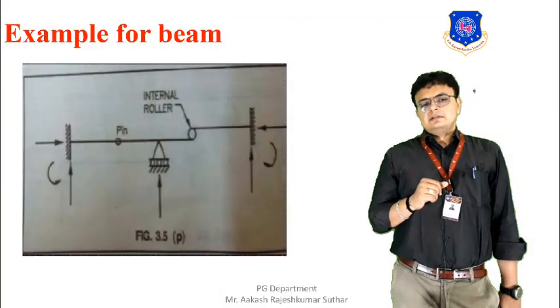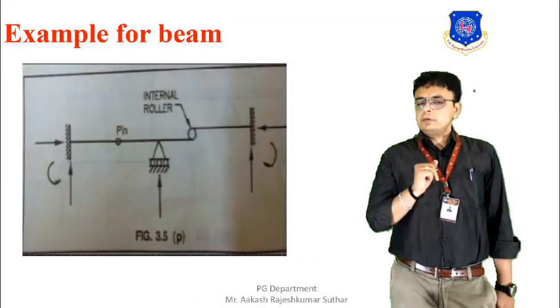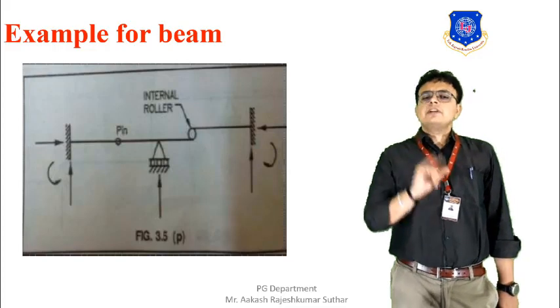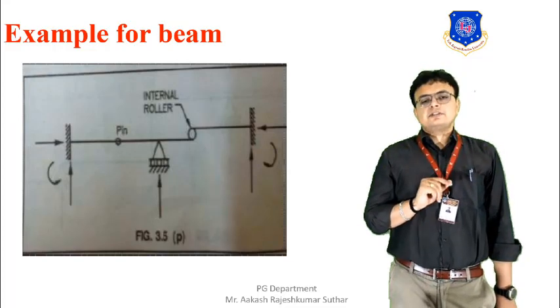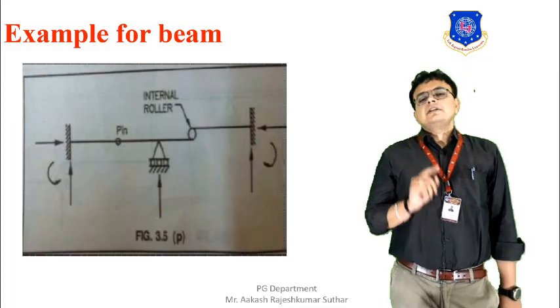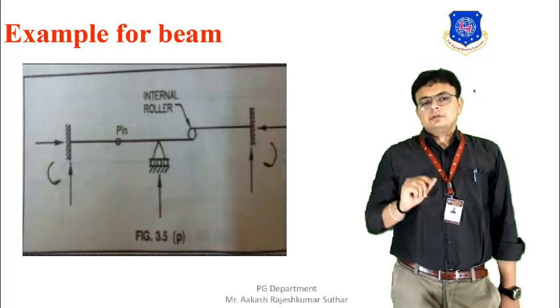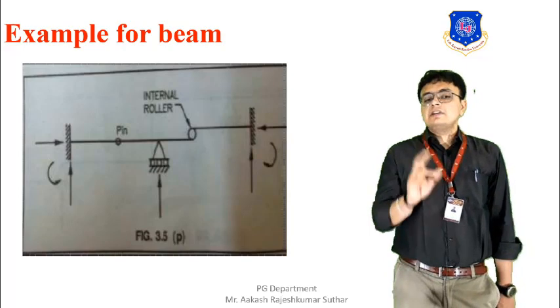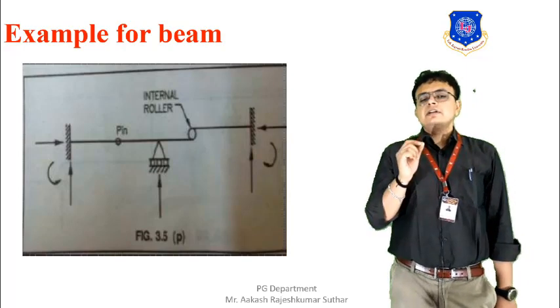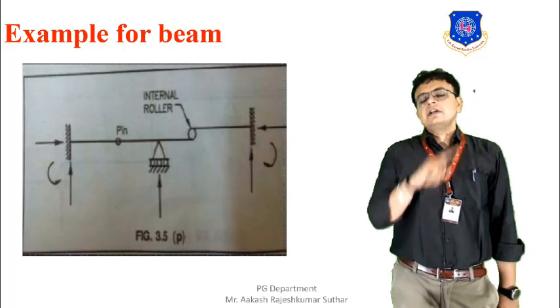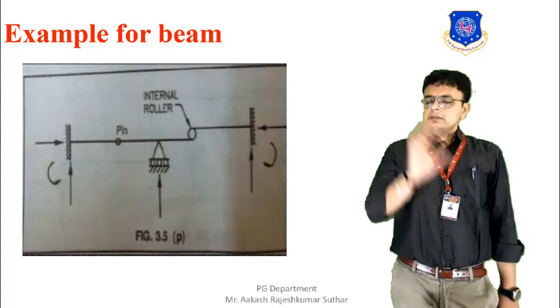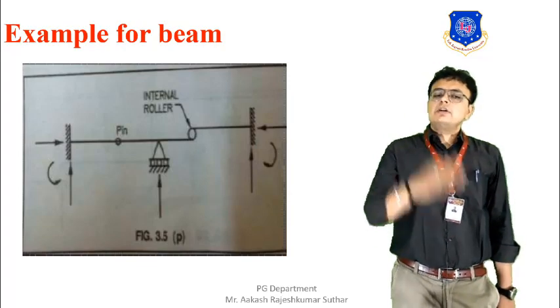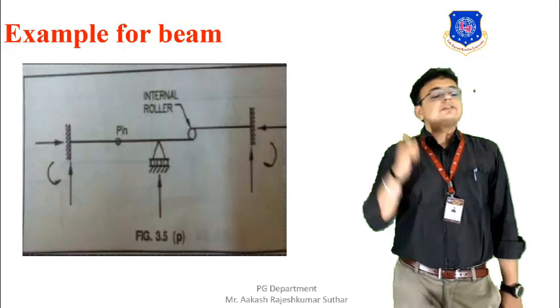Seeing the figure, there are mainly 3 supports. Out of 3 supports, 2 are fixed supports and 1 is the roller support. For a fixed support, the reactions will be 3: the horizontal reaction, vertical reaction and the rotation. A similar kind of reaction is also available for the other fixed support.